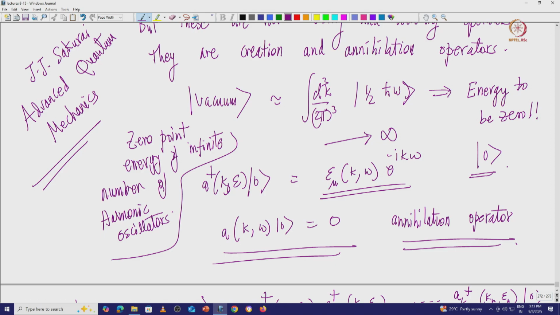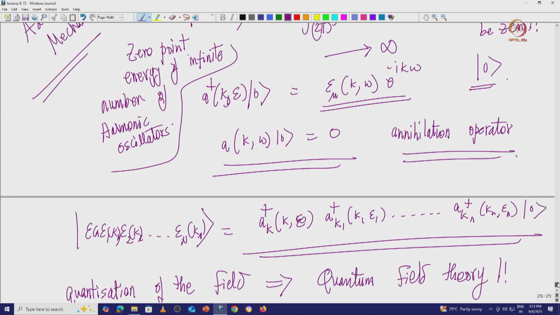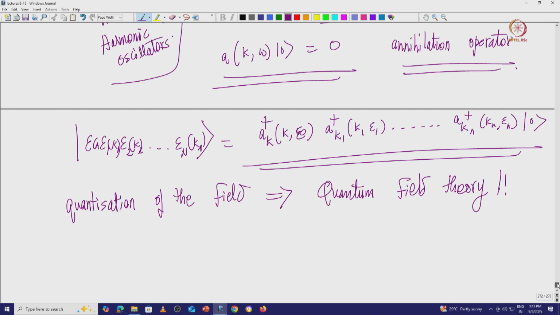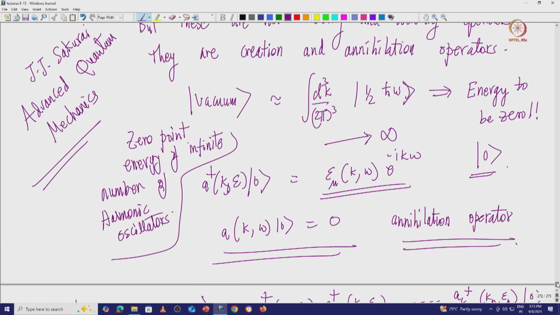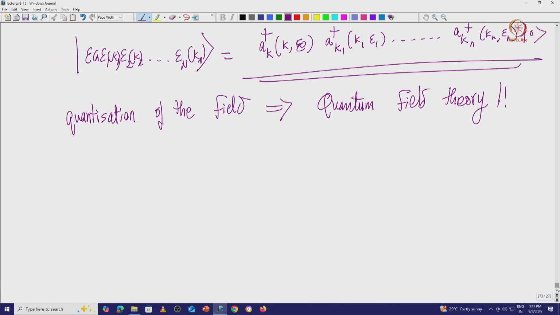Of course, acting on any other state it reduces the particle number, it annihilates the particle. This is what these operators do. They act on the vacuum or any n-particle state. The Hamiltonian is given in terms of these creation and annihilation operators. Without further ado, an n-particle photon state can be written as n A-dagger operators, with different momenta, acting on the vacuum.